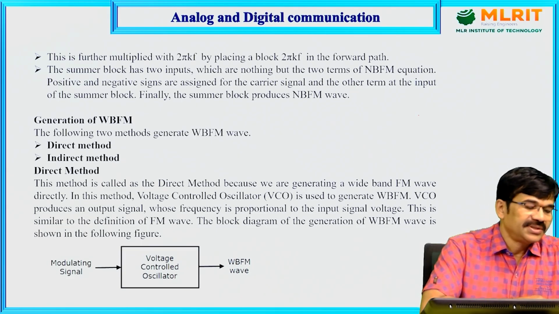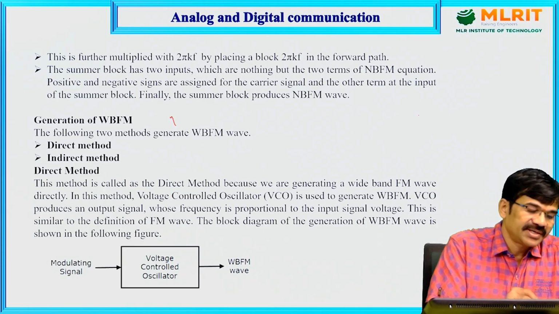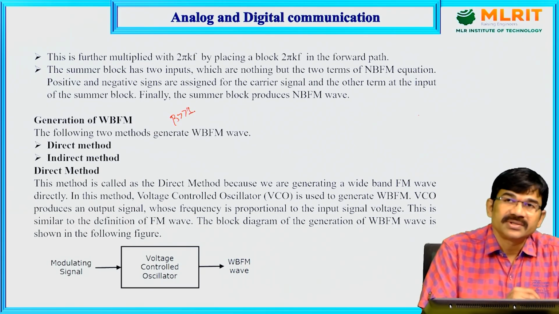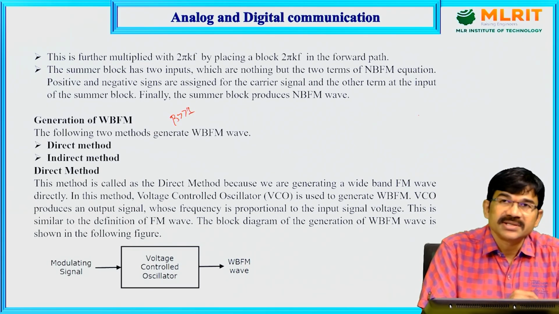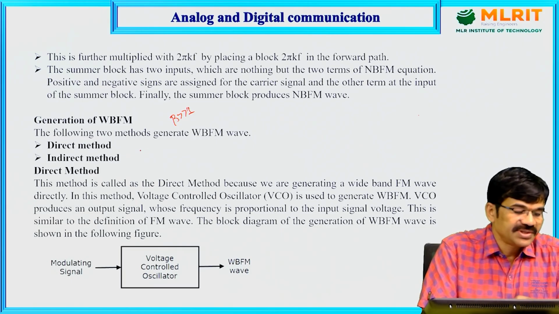Next, generation of the wideband FM. If beta is far greater than 1, we use wideband FM. Again it is classified into two types. The first one is wideband FM generation using the direct method, and the second is wideband FM generation using the indirect method.